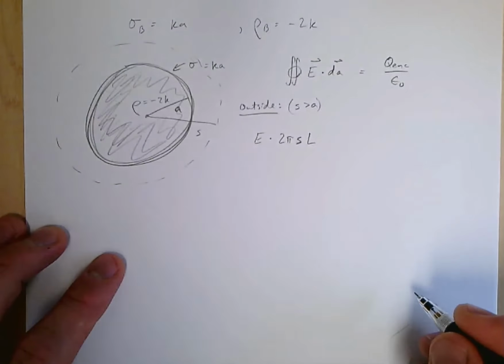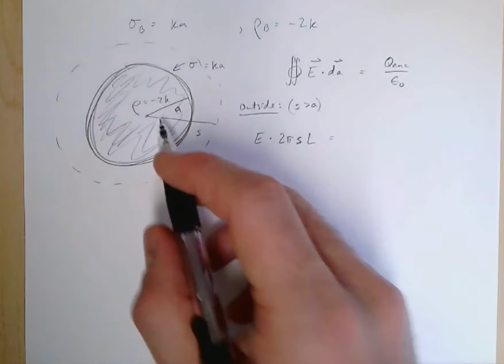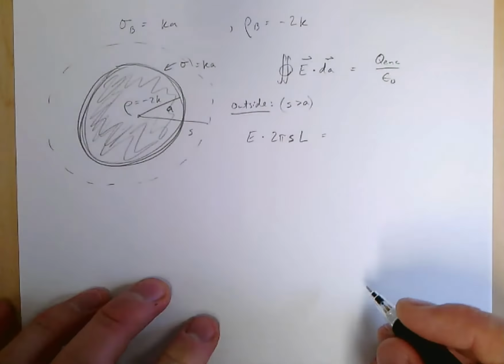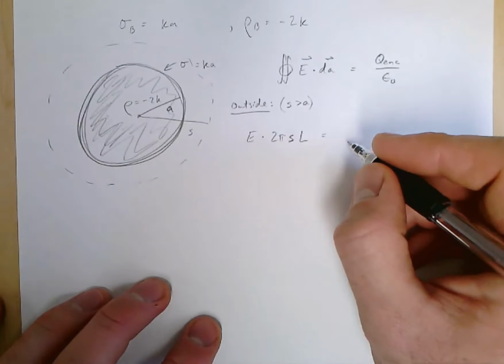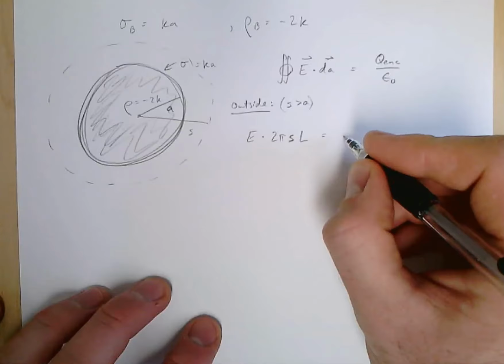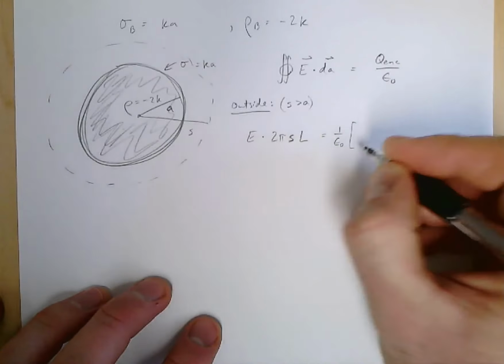Okay, so we're outside. This left-hand side is going to be the same whether we're inside or outside. But let's now calculate the total amount of charge inside. Well, it looks like I have a contribution from the sigma and a contribution from the rho, so let's calculate each of those separately.